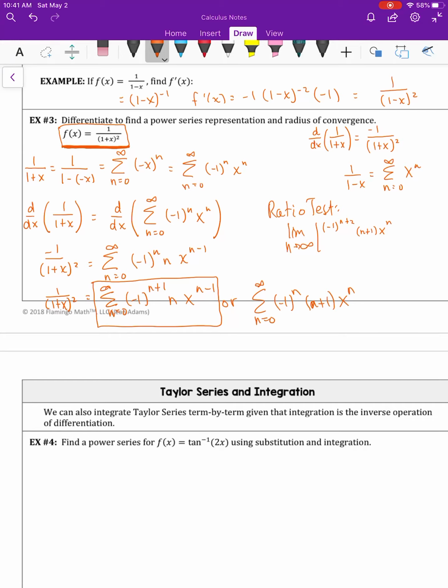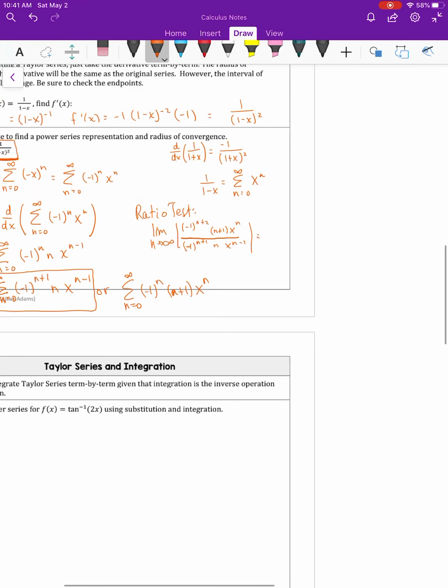So negative 1 to the n plus 2 times n plus 1 x to the n, because n plus 1 minus 1 gives you just x to the n, over negative 1 to the n plus 1 n x to the n minus 1. So that's your a sub n plus 1 divided by a sub n, right?